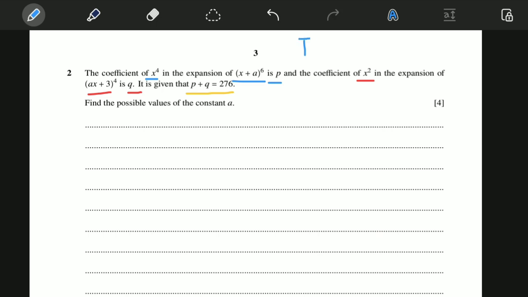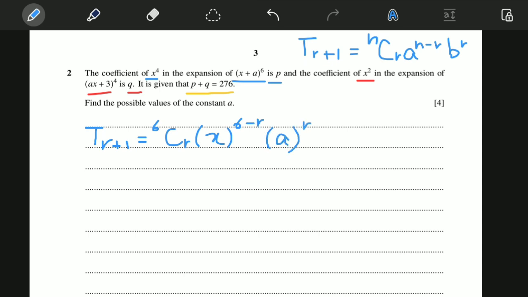So T(r plus 1) is equal to nCr a power (n minus r) b power r. Let's start by applying this to your first expansion. So T(r plus 1) is equal to 6Cr, a is x, power 6 minus r, and b is 8 power r.